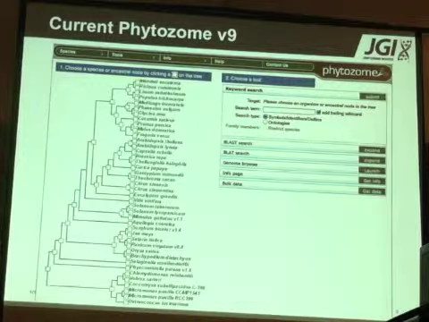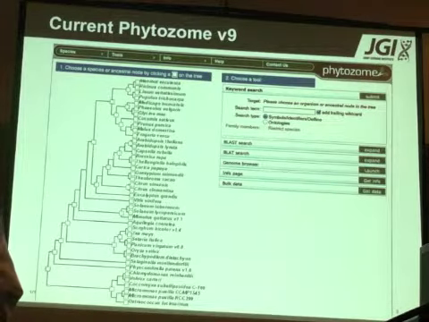And aside from just serving the data to the public, we also build custom gene families at various internal nodes of interest phylogenetically. And so it's actually much more of a comparative genomics investigation site for folks who might want to do that.